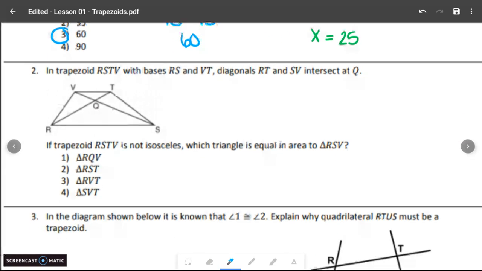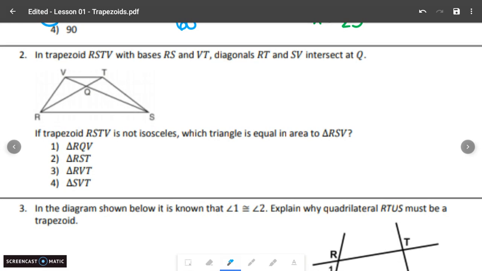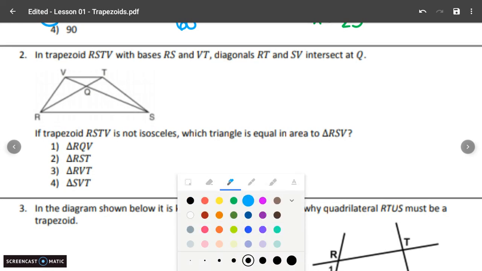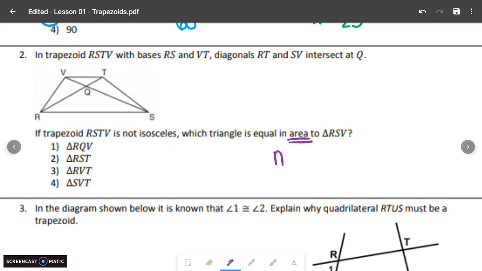For number 2, since we have a trapezoid, it's not an isosceles trapezoid, but we want to know which triangle would be equal in area to triangle RSV. So first, area of a triangle. Remember, we talked about this. It's 1/2 base times height. So let's go and highlight triangle RSV.